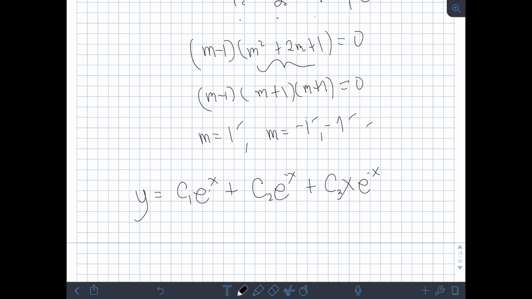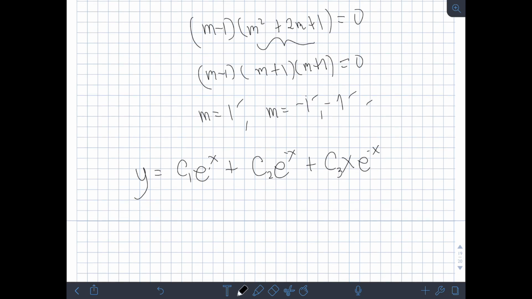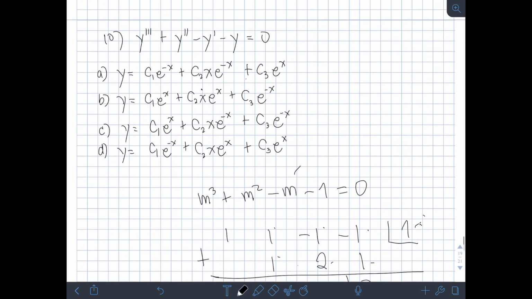Okay? So, ganun. Kapag nauulit yung roots, lalagyan nyo ng x variable raised to certain exponent. Depende kung ilang beses naulit. So, halimbawa, kung naging 3 to, yung m natin na negative 1, dadagdagan nyo pa to ng plus c4 x squared e raised to negative x, and so on. Okay? So, therefore, our answer here is letter C.